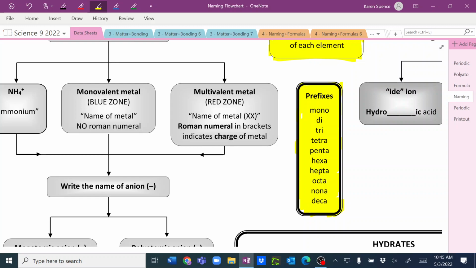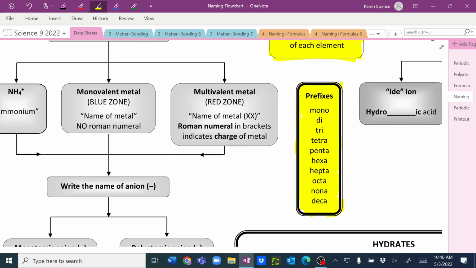Quiz number 3 is going to be naming both ionic and covalent compounds, jumbled, mixed up. So you have to be able to tell which kind is which and know when to use the prefixes. When it's covalent, you use the prefixes. When it's ionic, you do not.